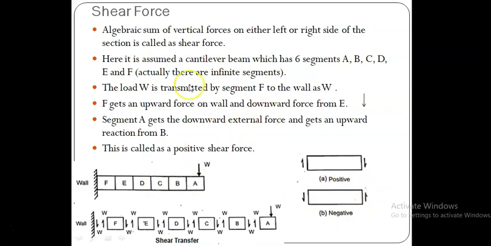Simply, left up and right down are positive, left down and right up are negative. We use this sign convention for calculating the shear force.